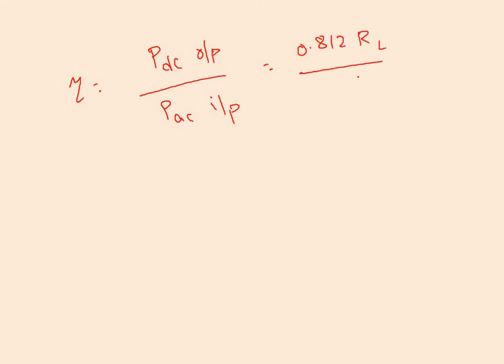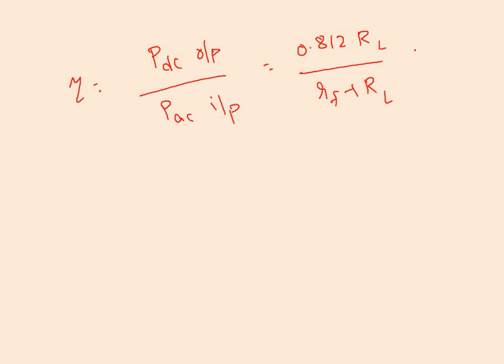Coming to the efficiency, just like the previous, here also the efficiency eta can be given as DC power output by AC power input. We can write that for this it will be nearly 0.812 RL divided by RF plus RL, with the same symbolic representation.